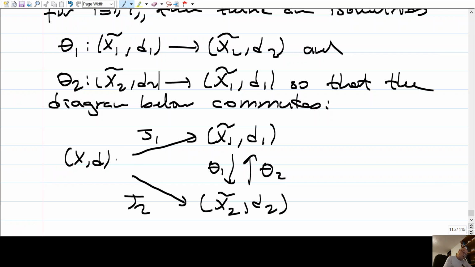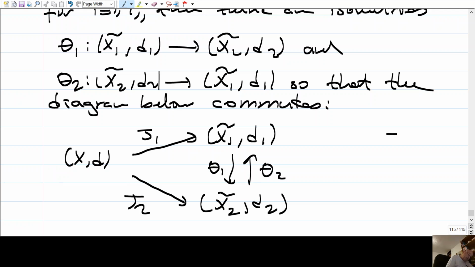Whenever you go from x to x1 and then come to x2 by theta 1, it is the same thing as going from x to x2 via j2.